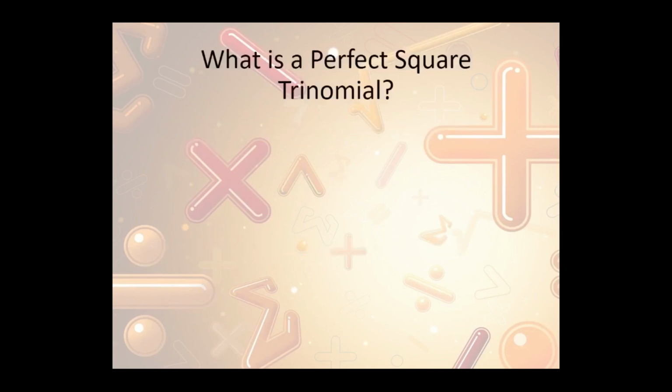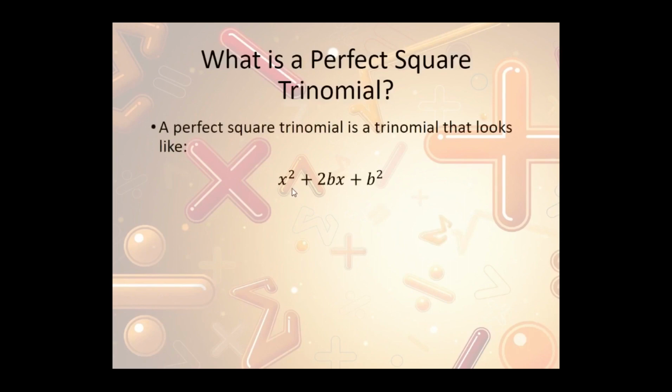Now, what is a perfect square trinomial? A perfect square trinomial is a trinomial that looks like this: x squared plus 2bx plus b squared. So b is some value, actually a constant, and the number here should be exactly double it. An example of this would be x squared plus 6x plus 9.